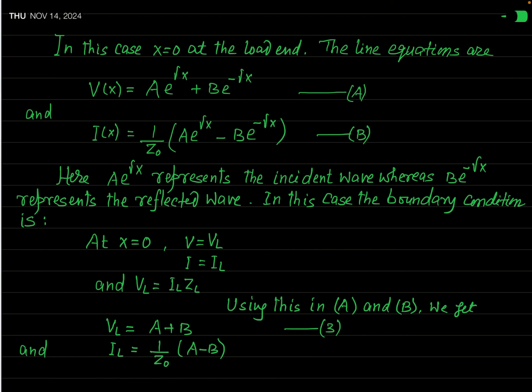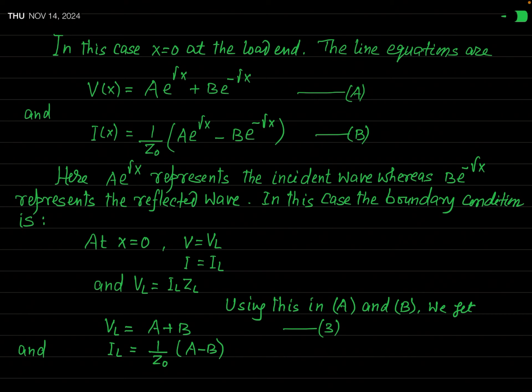So how can we relate? Now you can see I have again written the same equations, A and B. V of x is given by this expression and I of x by this expression. But as I told you earlier, this B times e to the power minus gamma x was representing the incident wave in the first case.